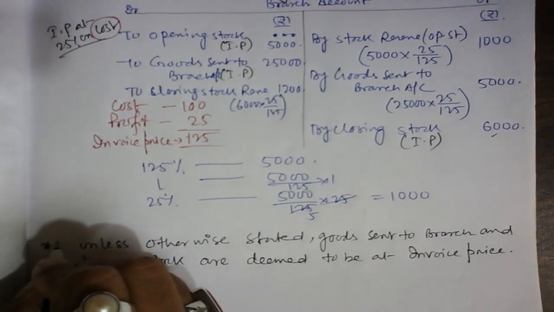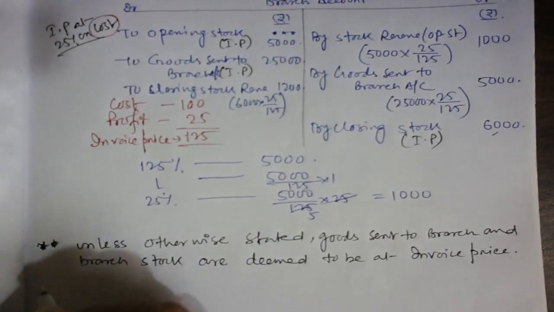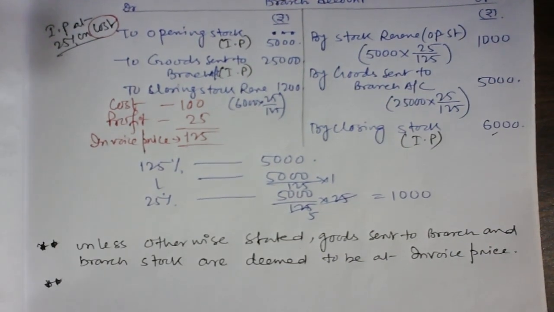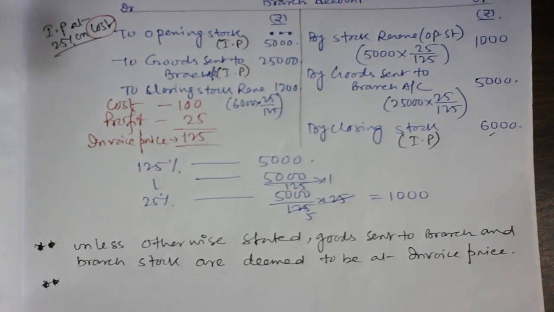Remember this. Unless otherwise stated, goods sent to the branch and branch stock are deemed to be at invoice price. That is very important.